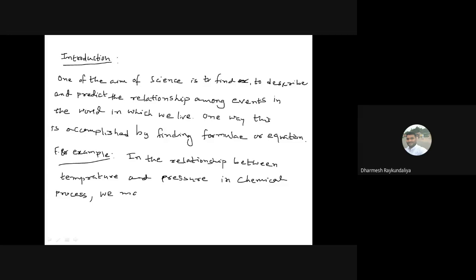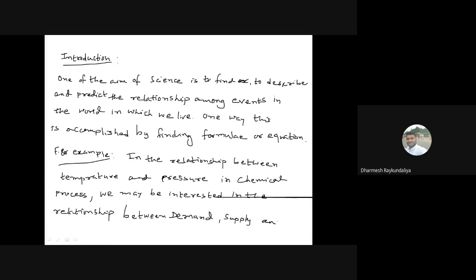We may be interested in the relationship between demand, supply, and price of certain commodities.